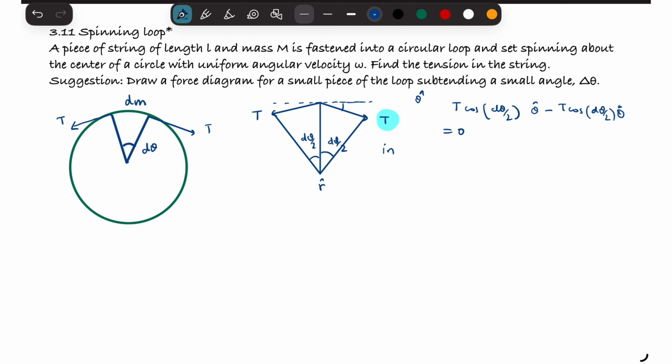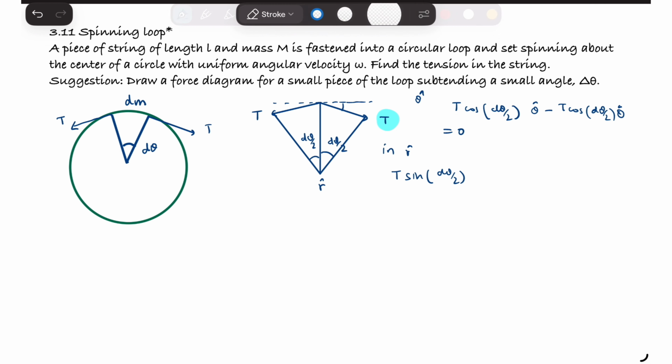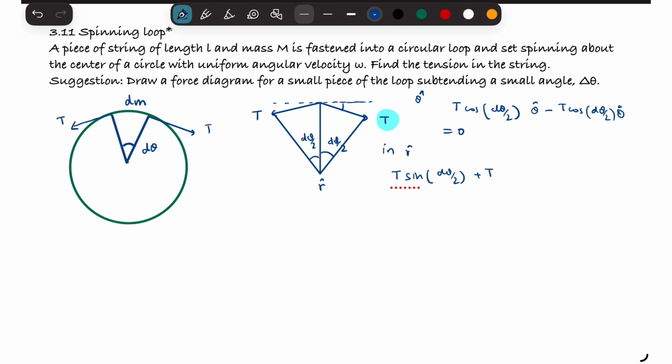Now in r hat, if we resolve it, we will get T sin d theta by 2, and again T sin d theta by 2, which is equal to 2T sin d theta by 2.